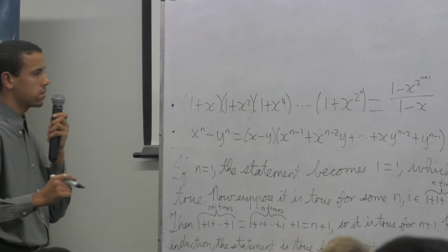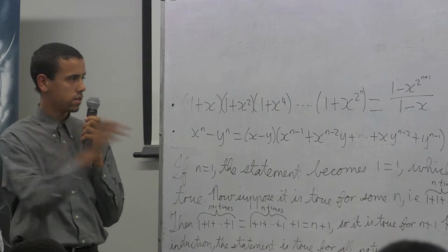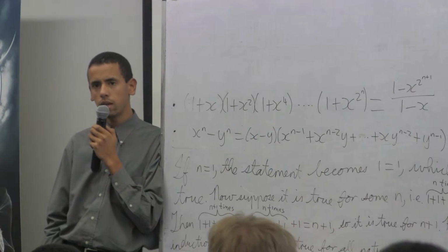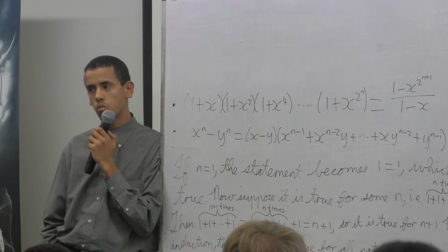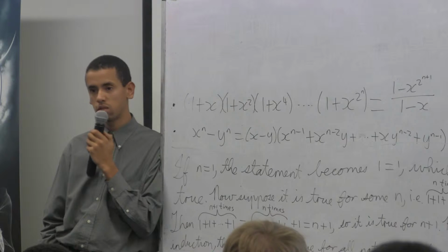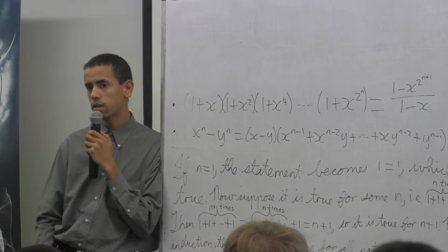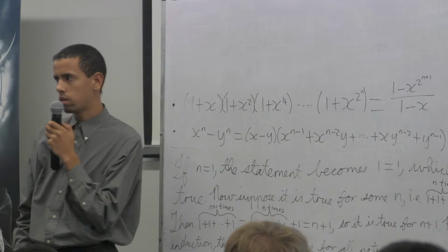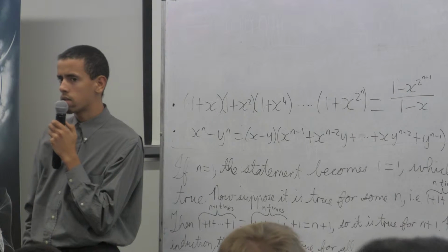Okay, so first one. This is the statement we want to prove. What's the smallest value of n to which we can apply this? 1, 0, 0? Does this make sense? The statement makes sense if n is 0. Okay, I've got no, then I've got the yes.